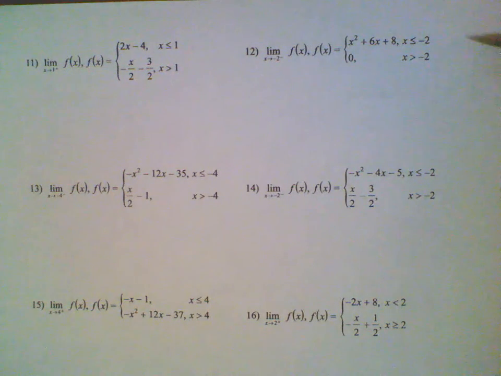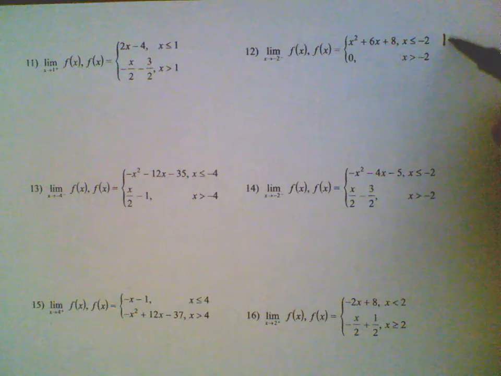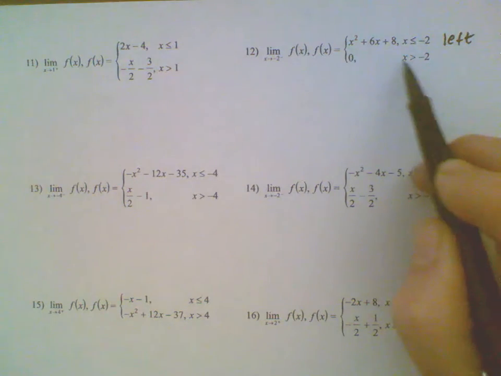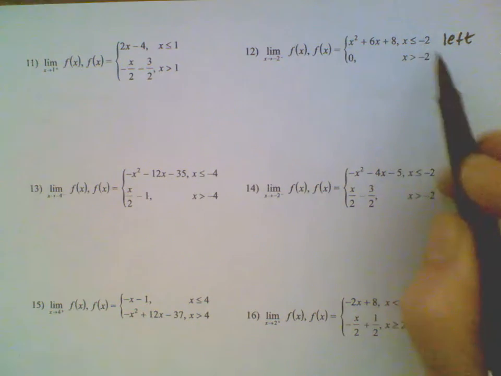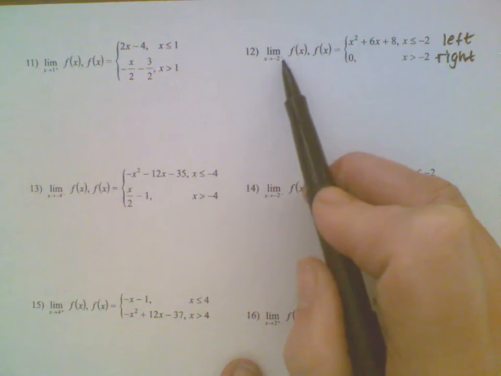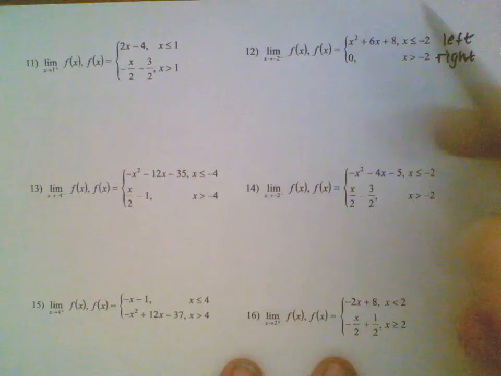So when I look over here, this tells me this is the function that the function is going to cover for any value less than -2, so that's to the left of -2. And this is the piece of the function that's going to happen when x is greater than -2, so that is to the right of -2. And so again, because this is a little minus here, I'm interested in from the left.